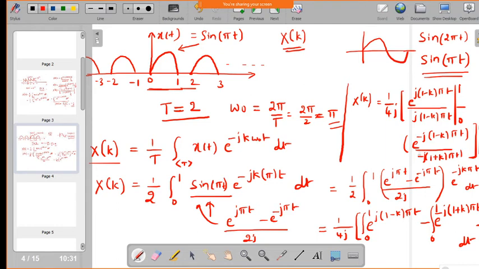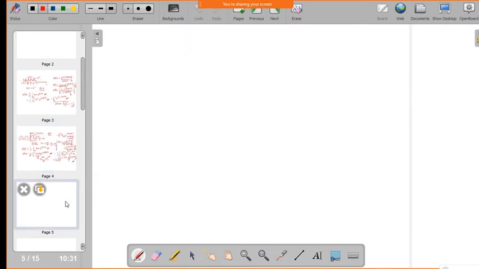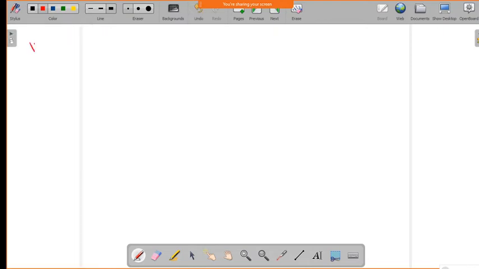Okay, so now put the values t equal to 0 and 1, so what will you get? X of k is equal to 1 over 4j into e power j into 1 minus k into pi; t will be equal to 1.